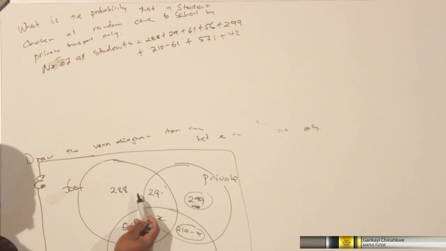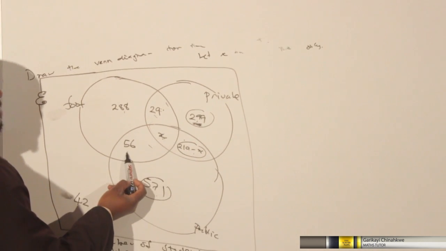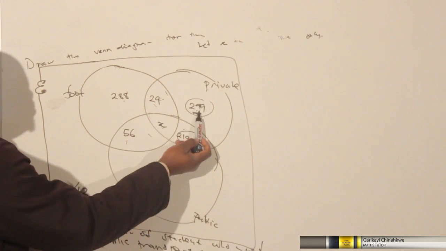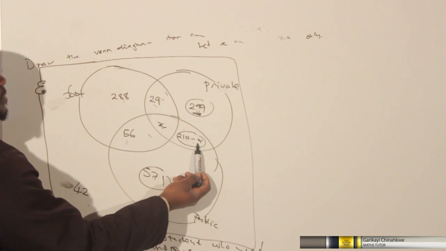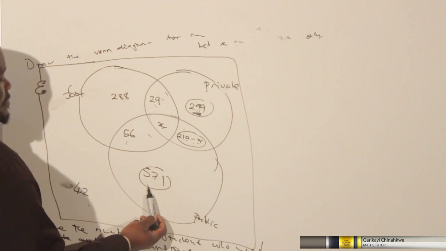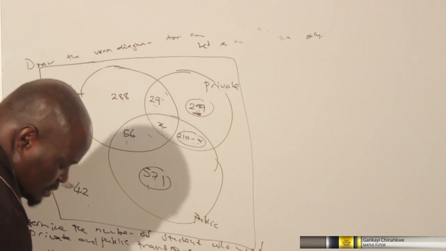So it's 288 plus 29 plus 61, since x is 61, plus 56 plus 299 plus 210 minus 61, because x is 61, plus 571 plus 42. So I'm going to use a calculator quickly.